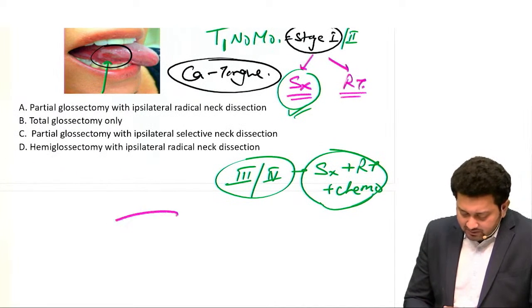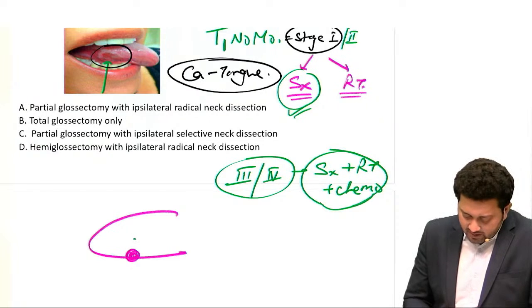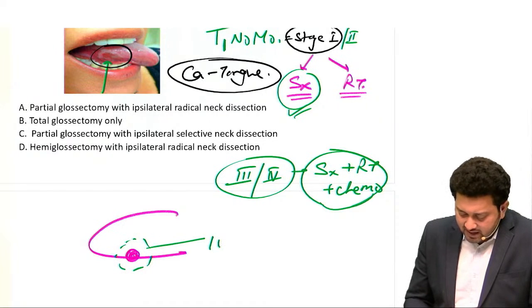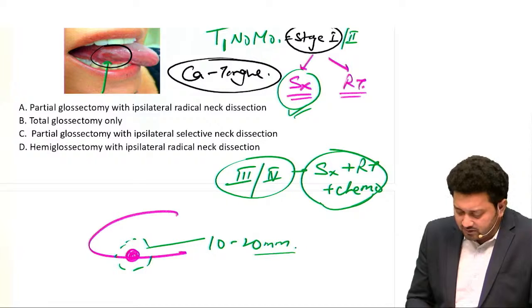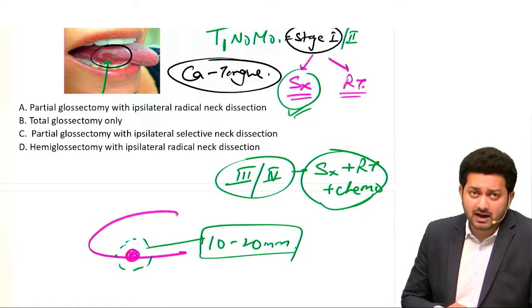Now see, suppose this is the tongue, this is the cancer. You take some margin, they say 10 to 20 mm margin is good enough. 10 is the minimum, 20 mm is the ideal margin.